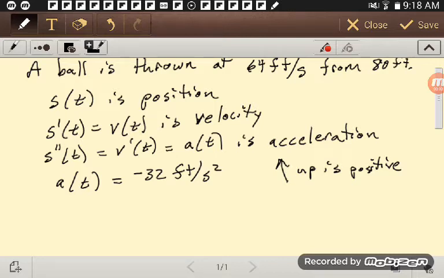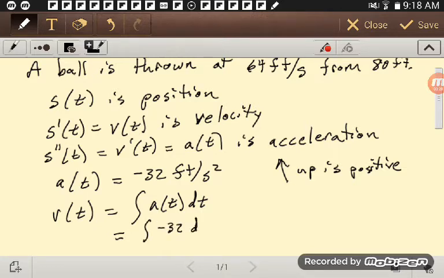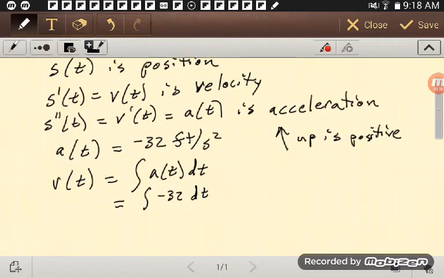Now though, since a of t is v prime of t, I can recover v of t simply by taking the antiderivative of a of t with respect to t. In that case I get the antiderivative of minus 32 with respect to t, but that's just a constant.